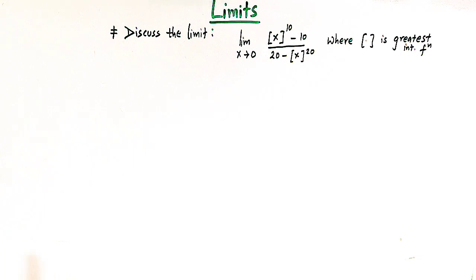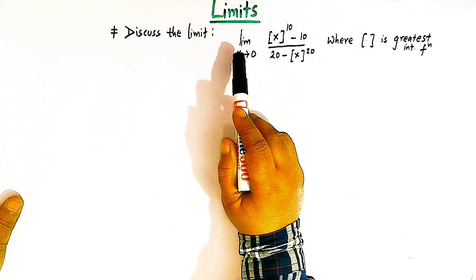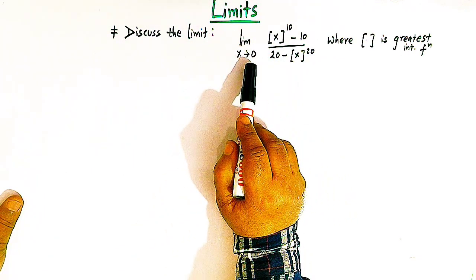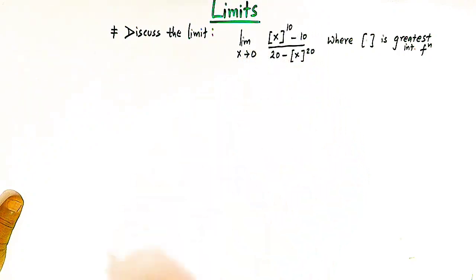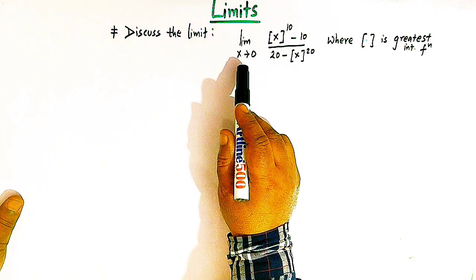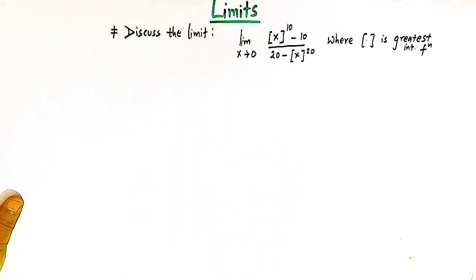So for the existence of this limit when x tends to 0, we have to find out the right hand limit and the left hand limit when x approaches 0, right? And we'll see whether the right hand limit is equal to the left hand limit, right? So let us first calculate the right hand limit.